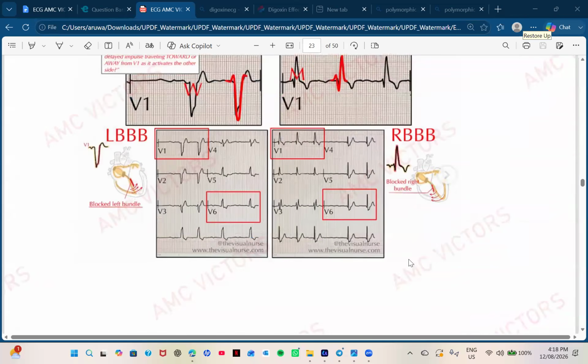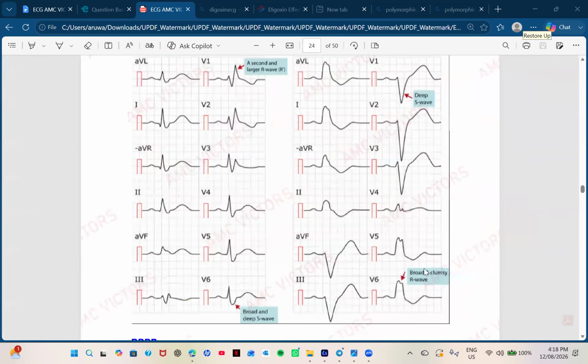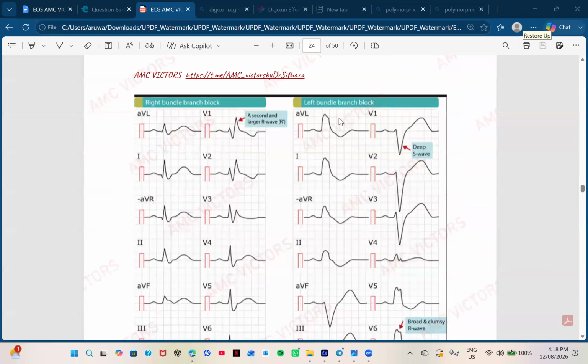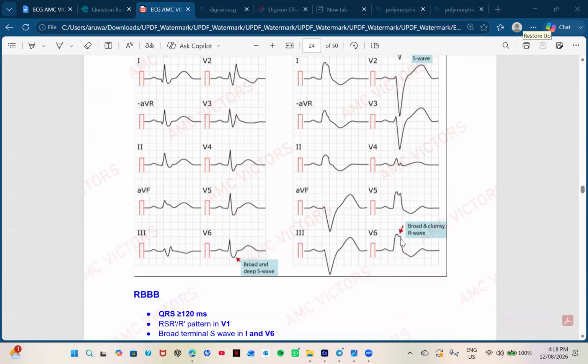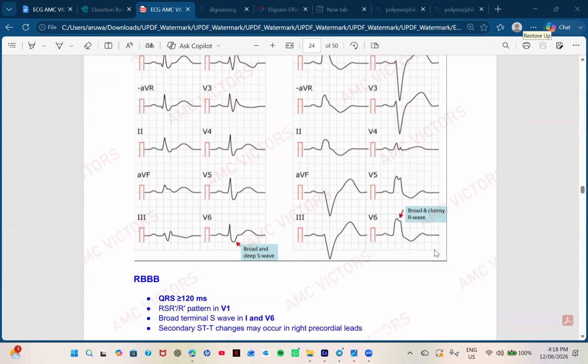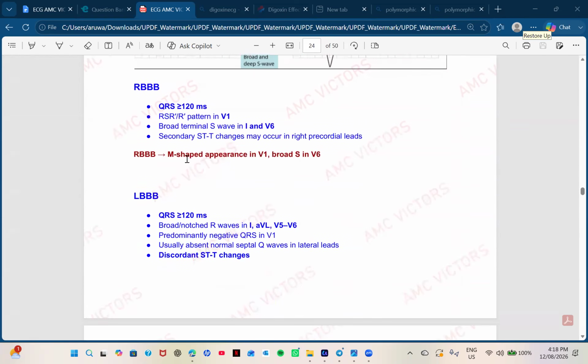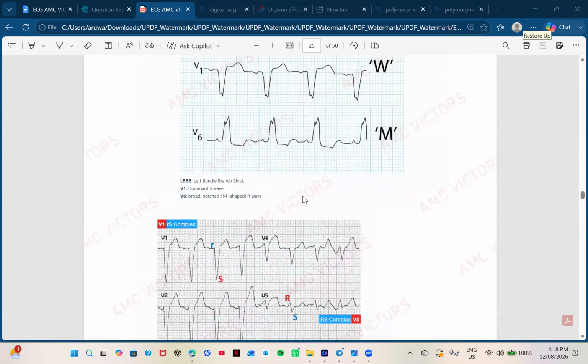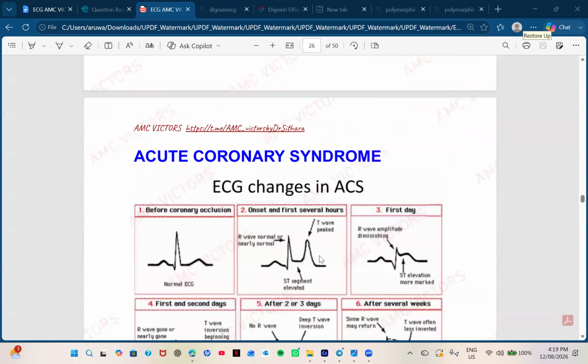Here in the left bundle, the deepest wave, remember it as a W letter, and here the notched QRS complex with the R wave has the M, right? That is the simplest way you can remember it.